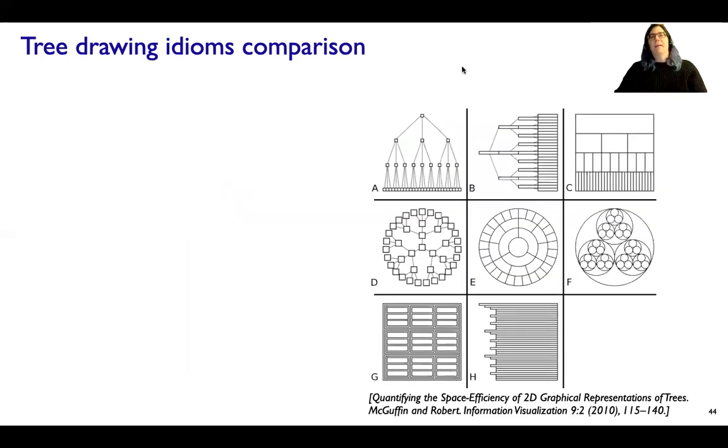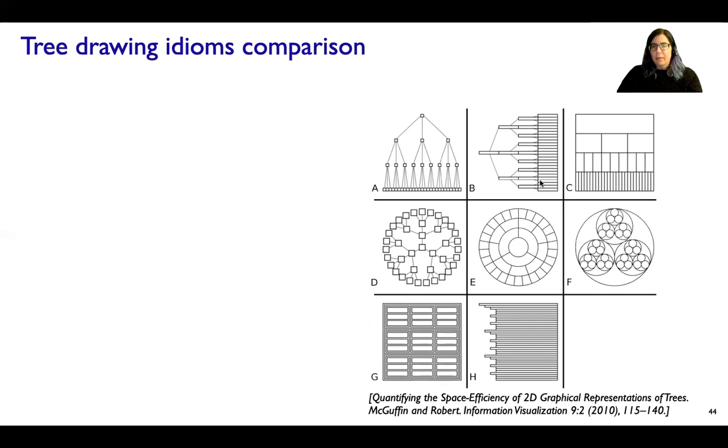Hopefully you've noticed by now, there are a lot of different ways to draw a tree. What you want to think about from an analysis point of view is the strengths and weaknesses of these different approaches. This is the same data set drawn in 1, 2, 3, 4, 5, 6, 7, 8 different ways.